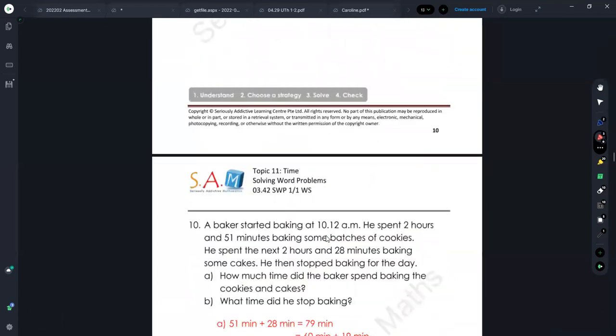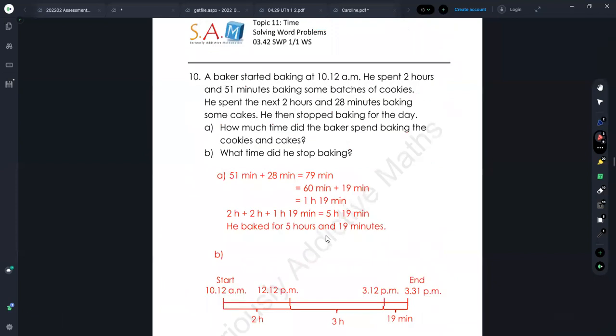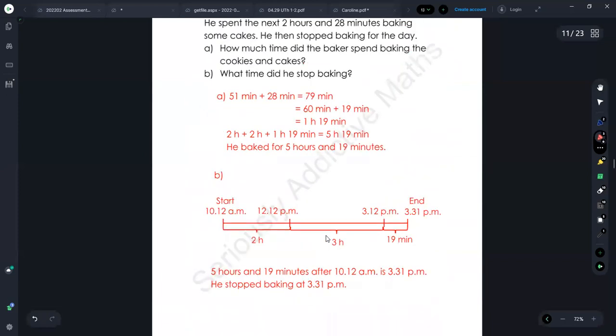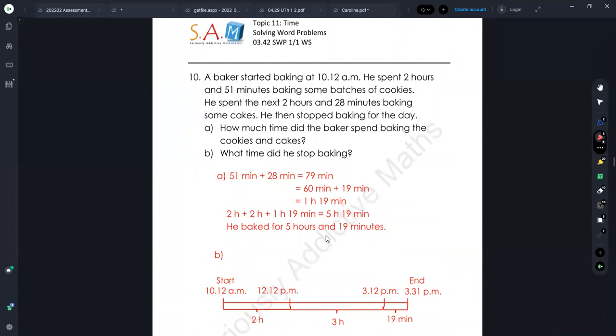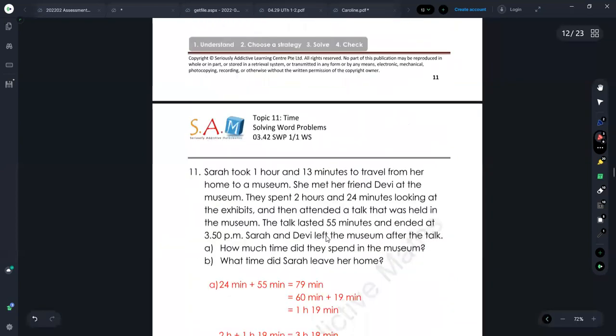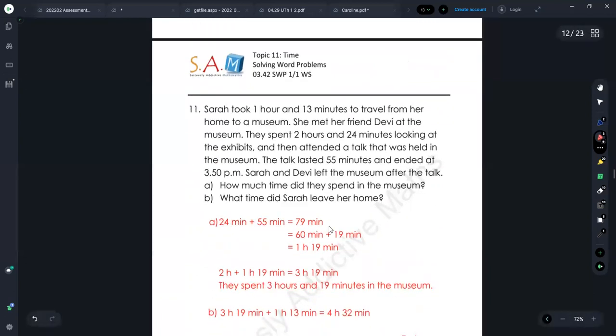The rest of the questions, some of the harder ones you might want to get them to try doing in class. At least make sure that they are able to do one in class. So for example, question 10. Then check whether they have done it correctly.